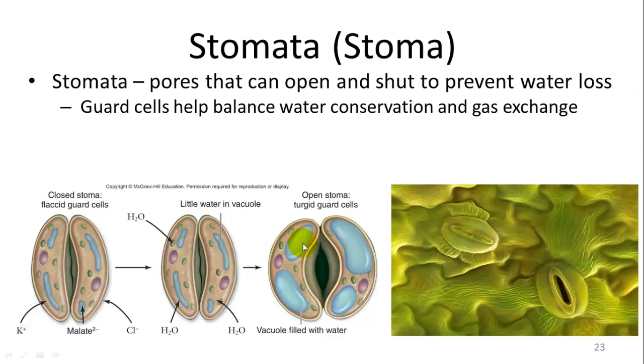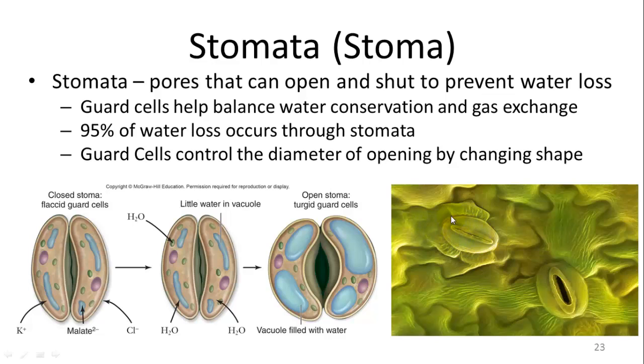Guard cells are the cells around the stomata. The stomata are the actual holes, and these guard cells are the mechanism by which they open and close. 95% of water loss occurs through the stomata, though some might come out the stems and roots. But the guard cells prevent water loss by closing.